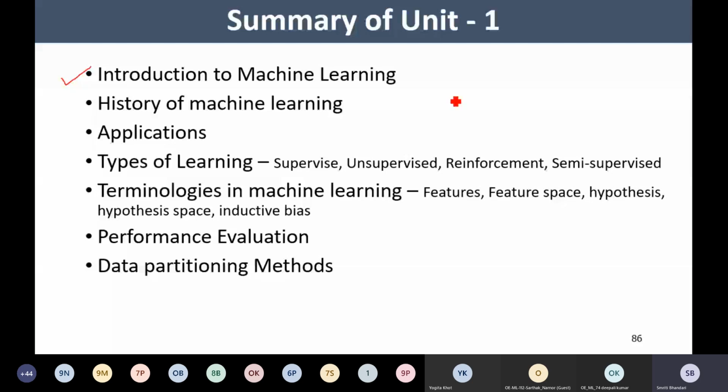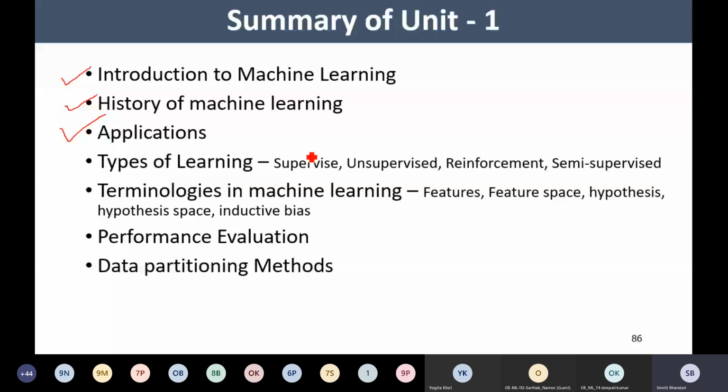We talked about the history of machine learning. We have seen lots of applications under machine learning, right? Then we have seen the types of learning algorithms, wherein we discussed the supervised learning mechanism, unsupervised learning.